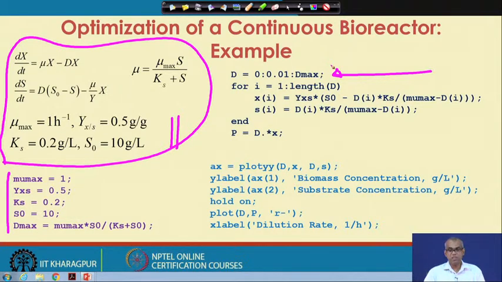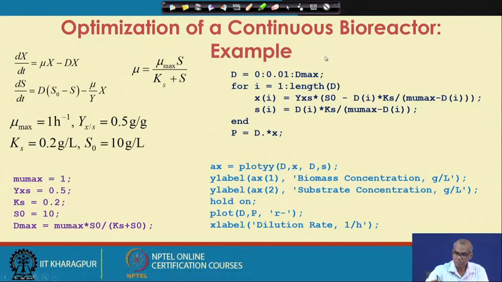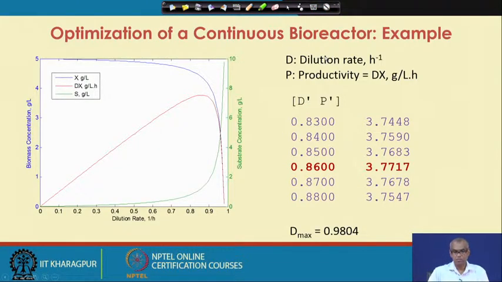For each of these D, I can calculate X and S, and then just take the product of D into X. This is how you can use the vector product. In one step, you can multiply all the elements in the D vector with all the elements in the X vector, and then just plot. So, you get this plot.